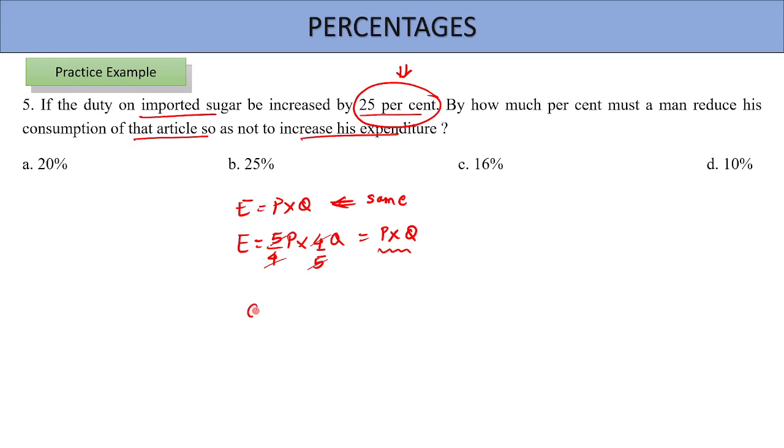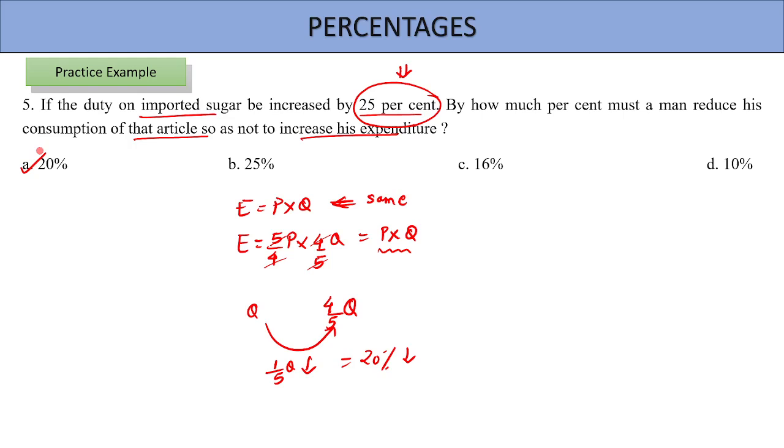So my initial quantity was Q and my final quantity was 4 by 5 of Q. So I see that there is a decrease of 1 by 5 Q, which is nothing but a 20 percent decrease. Option A is the correct answer.